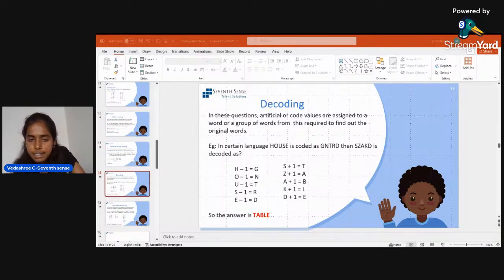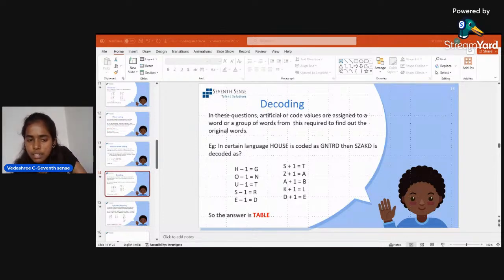Okay, SZAKD is decoded as, we need to decode the given code here, SZAKD. If we subtract by 1, we will not get a meaningful word. If we add 1 to this code, we'll get table. Understood?